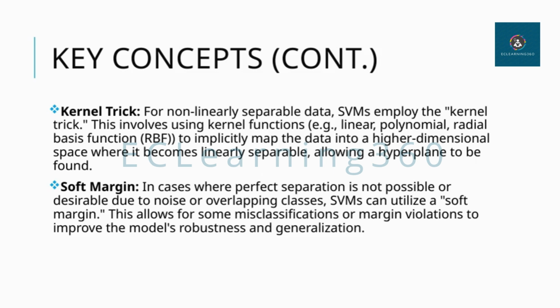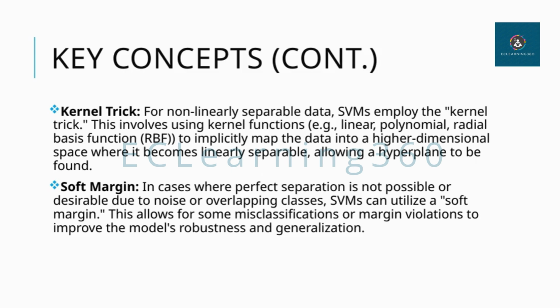Next, we have the idea of a soft margin. In real-world scenarios, perfect separation isn't always possible or even desirable. Noise and overlapping classes can make strict separation problematic. That's where the soft margin comes in. It allows for some misclassifications or margin violations, which actually helps make the model more robust and better at generalizing to new, unseen data.